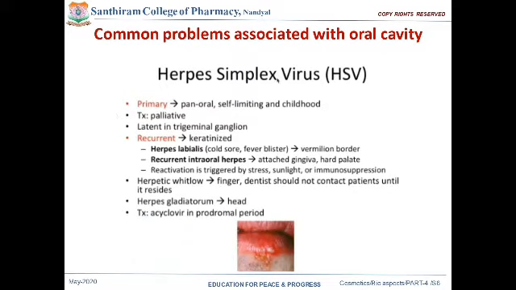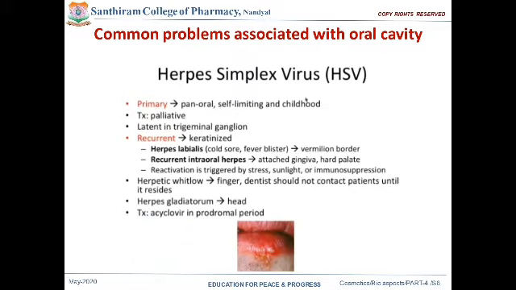So let's start with herpes simplex virus, and you can call it HSV for short. I have these terms in red because they're very important to distinguish the type of infection that you're getting from the herpes virus. The primary herpes simplex virus infection would be if you're getting it for the very first time.